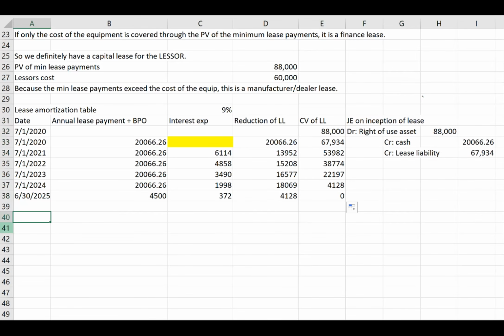Now let's do our year-end entry. So December 31st, 2020 year-end entries. And so we always have two year-end entries. The first one will be interest expense on the lease liability.